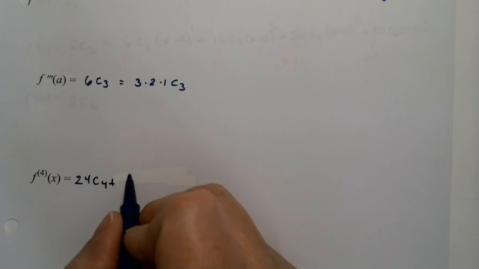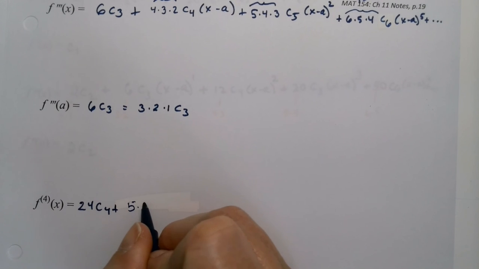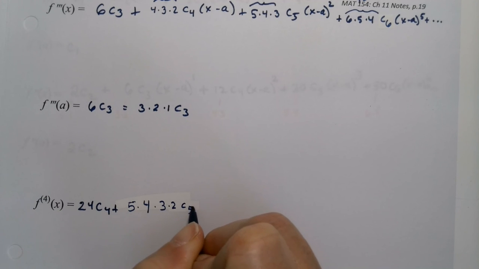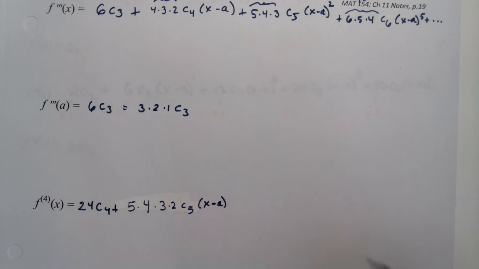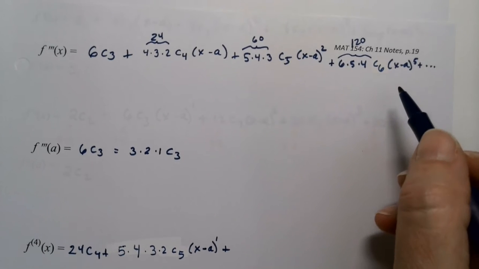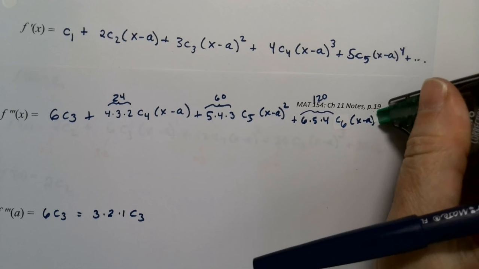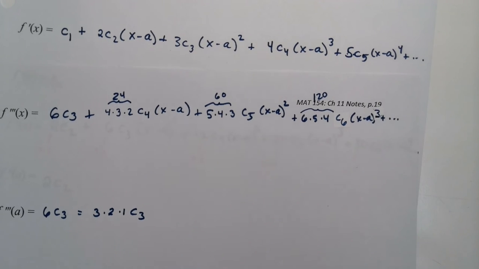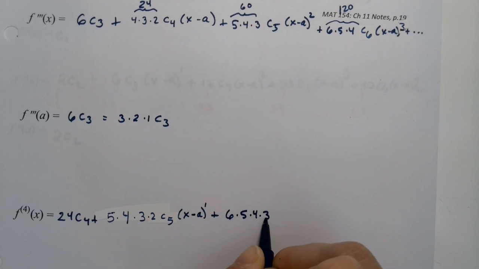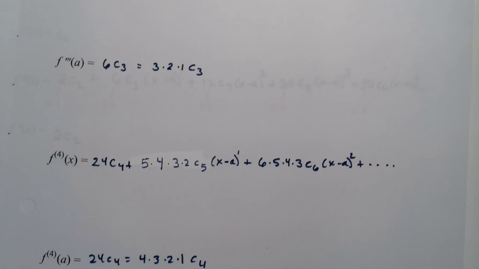So 24c4, and then I would bring this 2 down, so it'll be 5 times 4 times 3 times 2 c5 (x minus a) to the 1. And then the next term, that was supposed to be a cube. All right, so that would be 6 times 5 times 4 times 3 c6 (x minus a) squared.